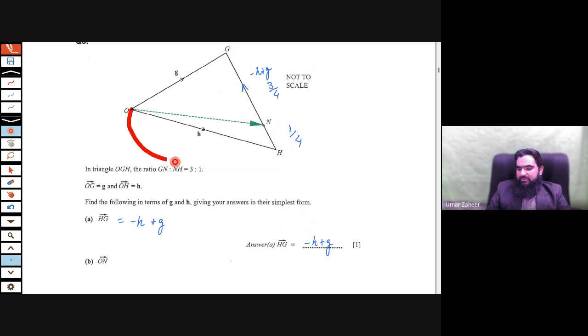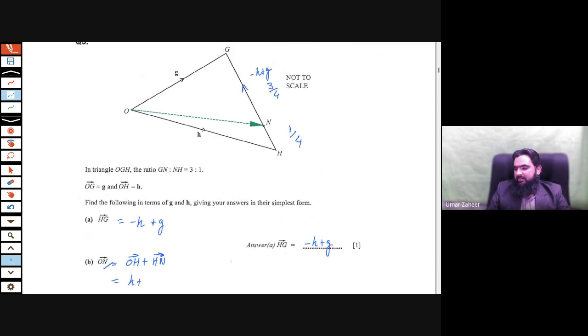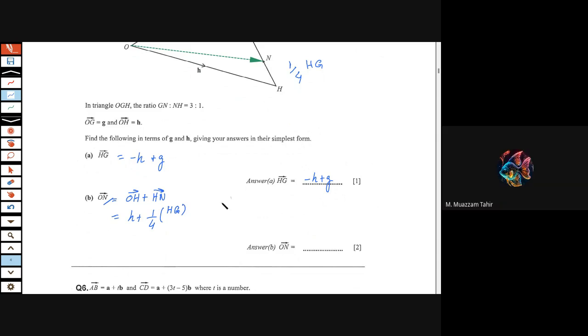I'm going to choose this one, O to H and H to N. So ON is equal to OH plus HN. OH is h, plus HN is basically 1/4 part of HG.